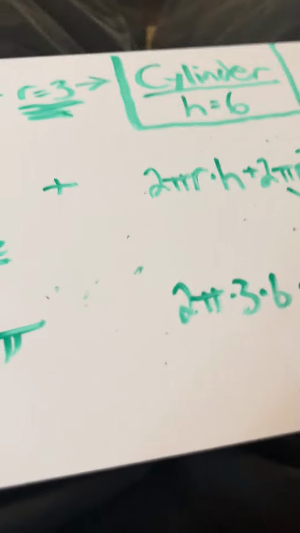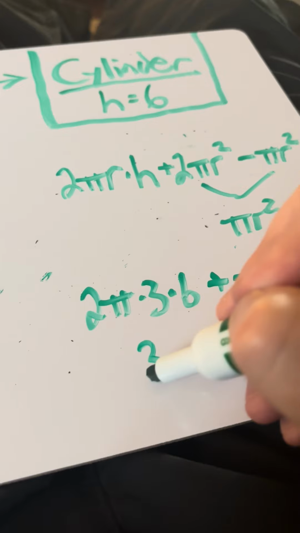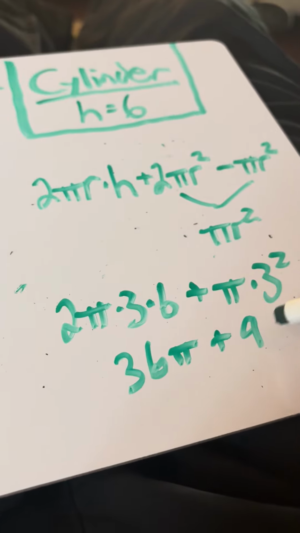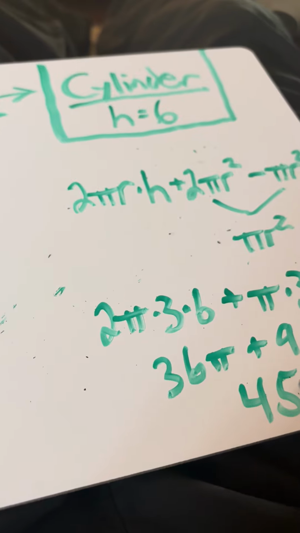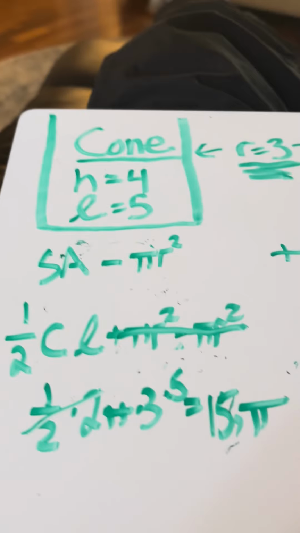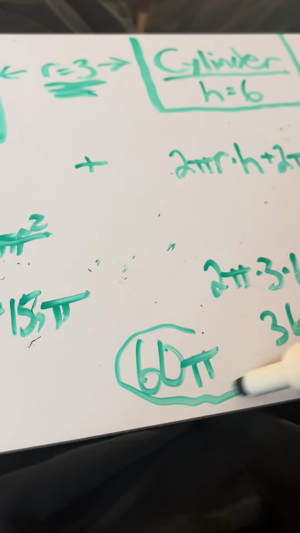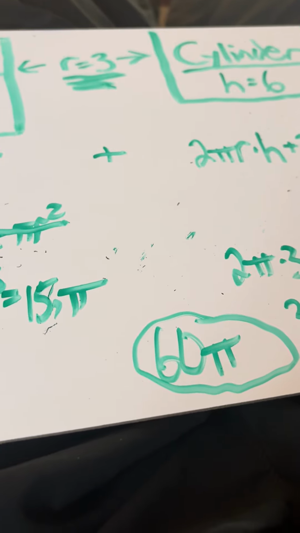Cleaning all of this up, this gets us to 36 pi. This gets us to 9 pi. Together that makes 45 pi for the cylinder. We're going to add the 15 pi, and that gets us a total of 60 pi square units for the surface area of that composite figure.